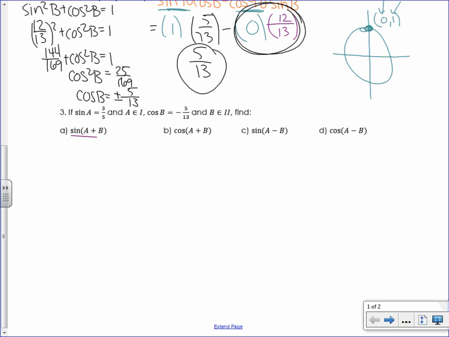All right, so for the sine of A plus B, that's going to be sine, cosine, cosine, sine. All right, so I filled in that formula. Here it's cosine, so it's going to be cosine, cosine, sine, sine. All right, the sign changes.